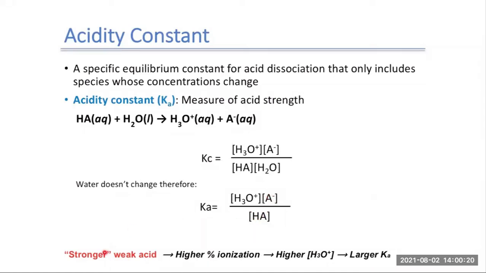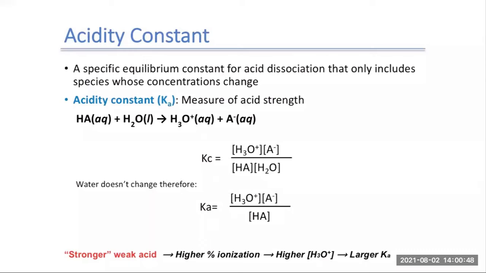Remember, we use Ka when we're looking at weak acids. The stronger of our weak acids will have a higher percent ionization, so more of those acid molecules will lose their hydrogens, which gives us a higher H3O plus concentration, which means a larger Ka. So the stronger the acid, the larger the Ka.